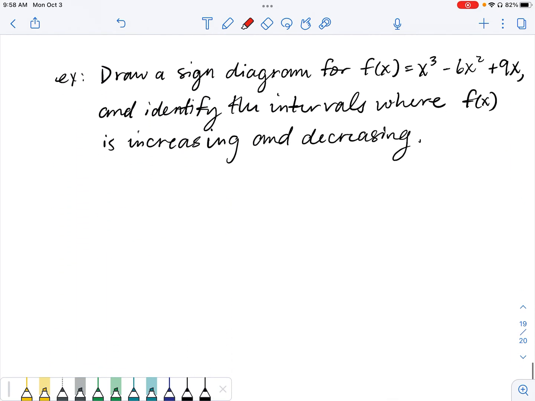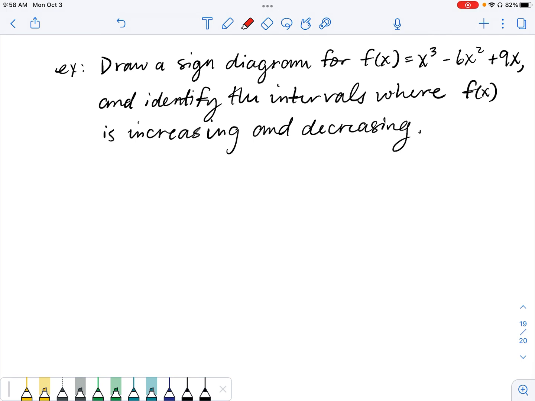Okay, so here's an example where we're not even given the graph of the function itself, we're just given the original function. And we're asked to draw a sign diagram and then identify the intervals where f of x is increasing or decreasing. So in order to do that, we need to find the zeros of f prime.